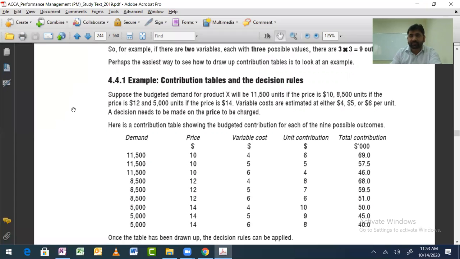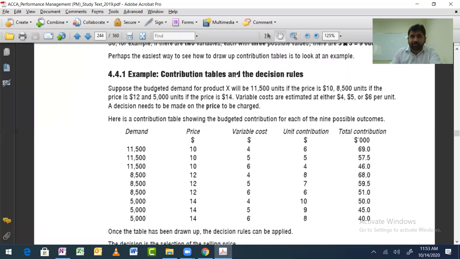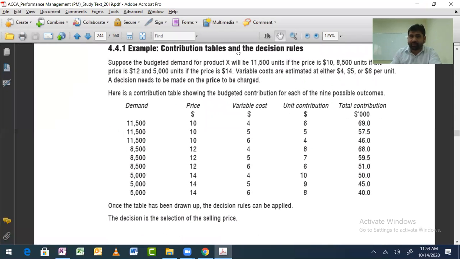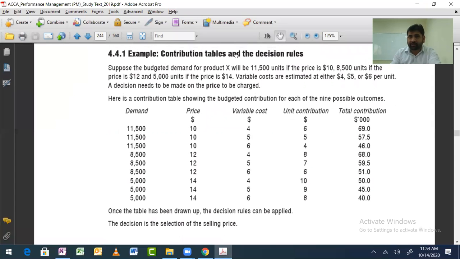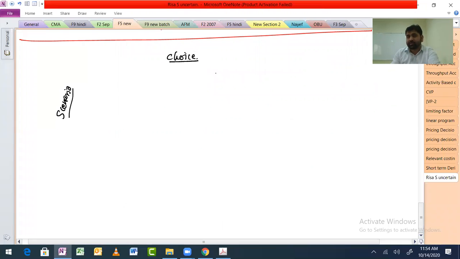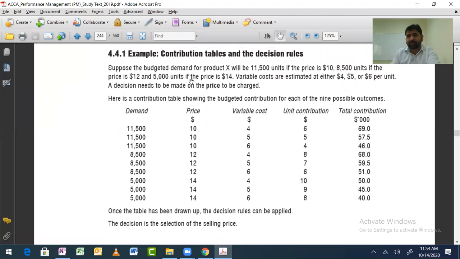So again, a small task for you guys. You tell me this, I will fill up the numbers, no problem. It will take 2 minutes. You just tell me what your options are and what the scenario is. What is in your control, what is not in your control. Go through, read the question, and tell me that.